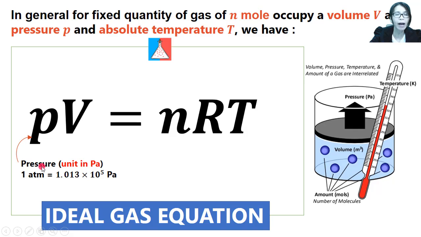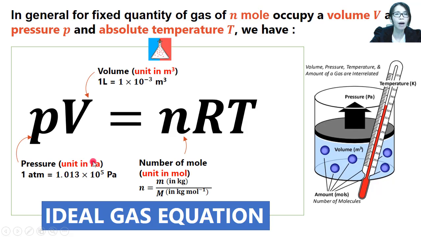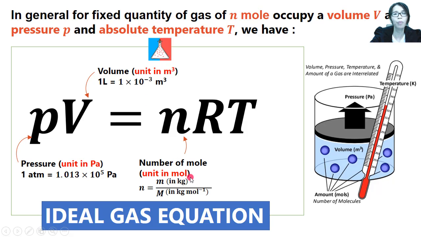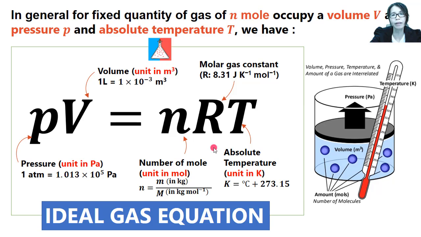But bear in mind, our pressure must be measured in Pascal, our volume must be measured in meter cube, the number of moles in mole, R is the molar gas constant, 8.31, and the temperature is the absolute temperature, which means the unit must be Kelvin.